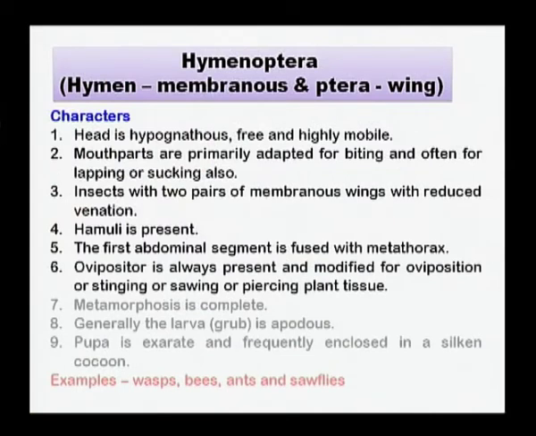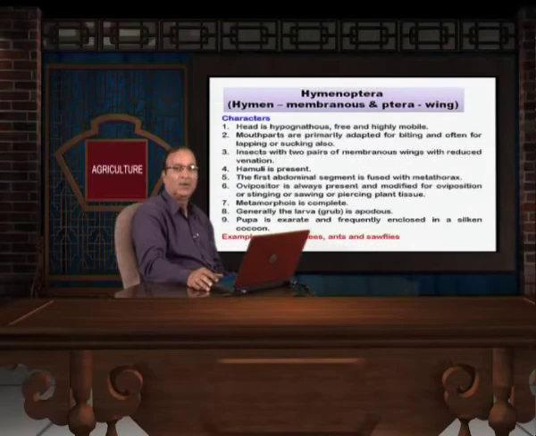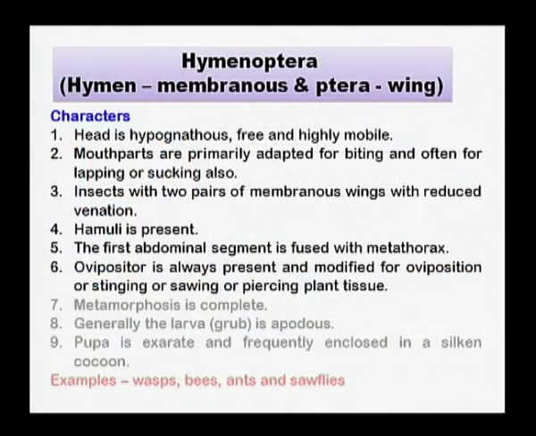The ovipositor, which is an egg-laying apparatus, is present and modified for the purpose of laying eggs. In some species, stinging, sawing or piercing organs are also developed on the abdomen.